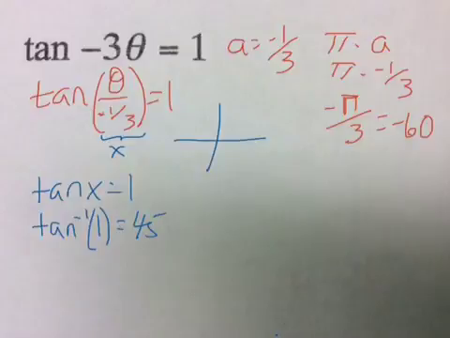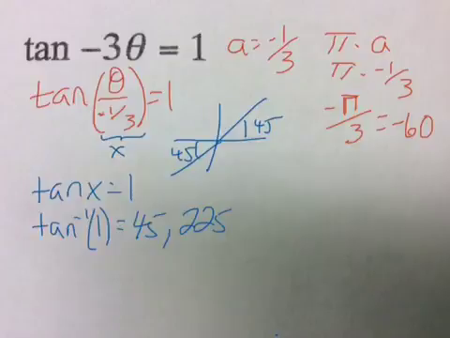And if we think about 45 on the unit circle, extend it out, 45. So the other angle is 225. Okay, now we can do our -3 theta equals 45. So theta is -15, which is not in our correct domain.